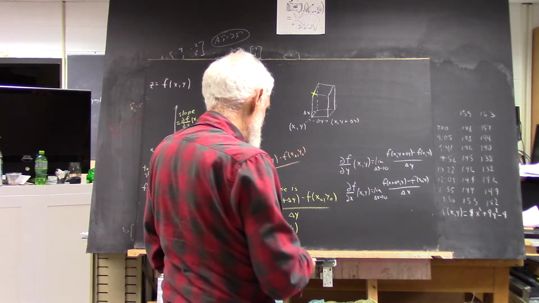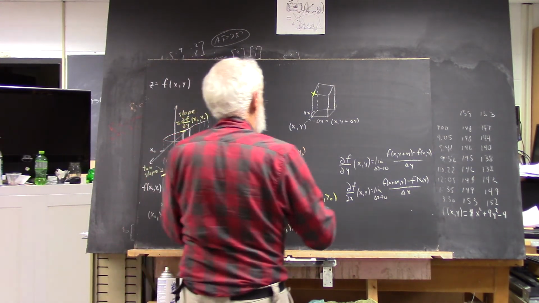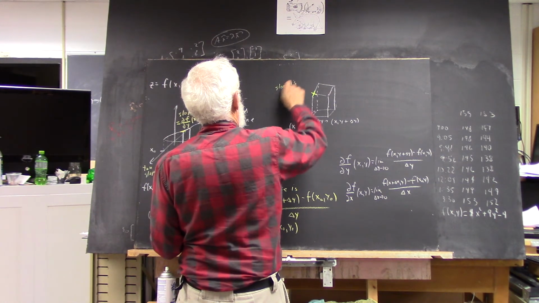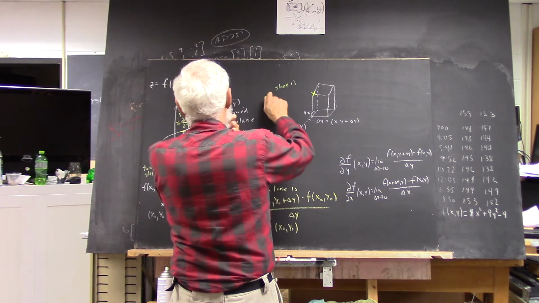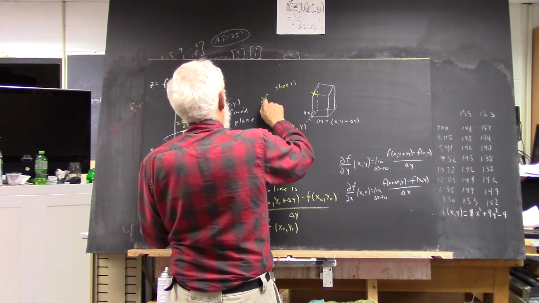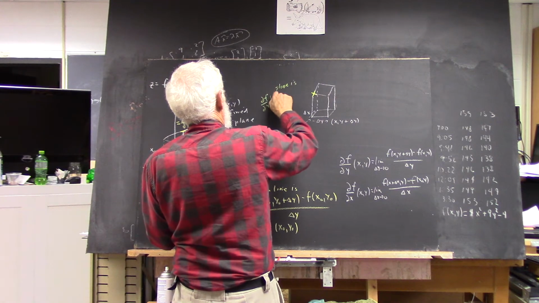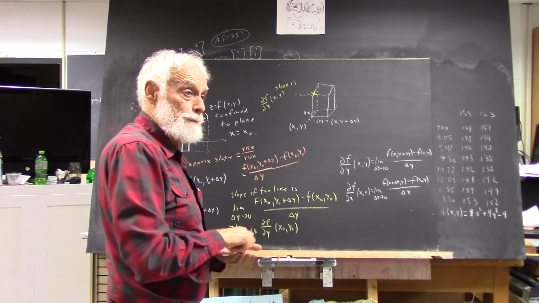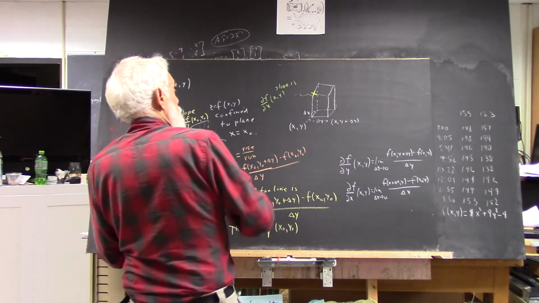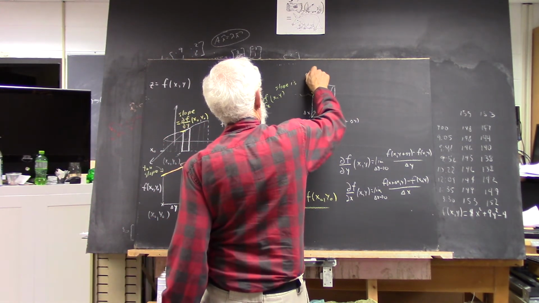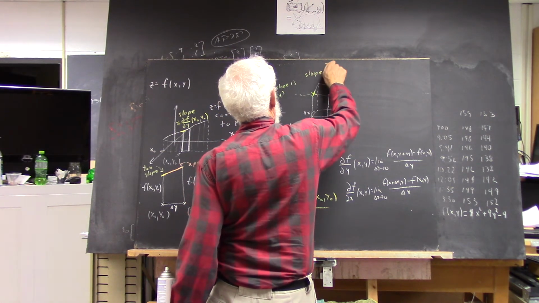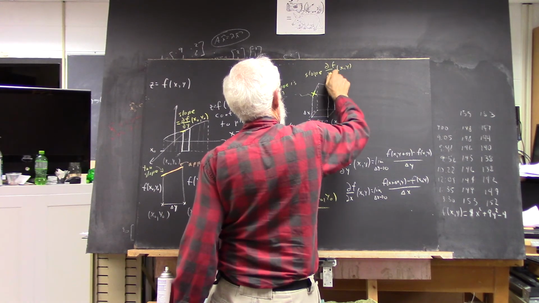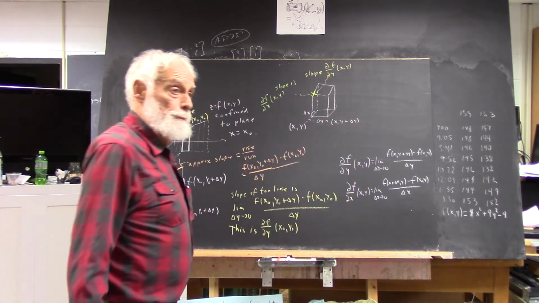So now we have the one slope that's the green segment, right? In this segment, the yellow segment is partial f with respect to y at x, y. Okay?